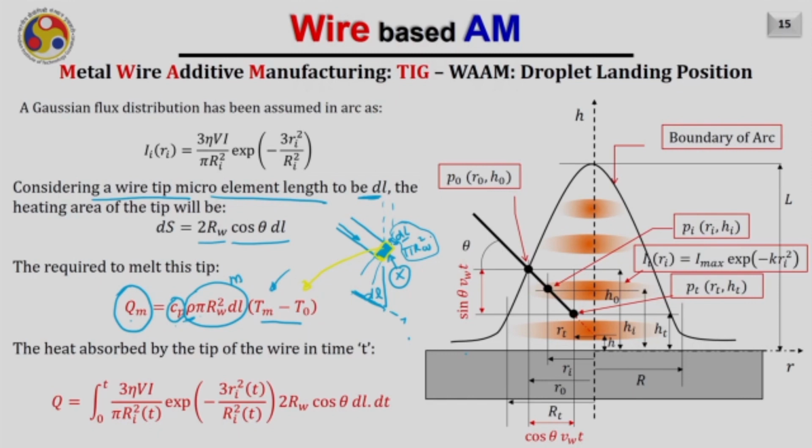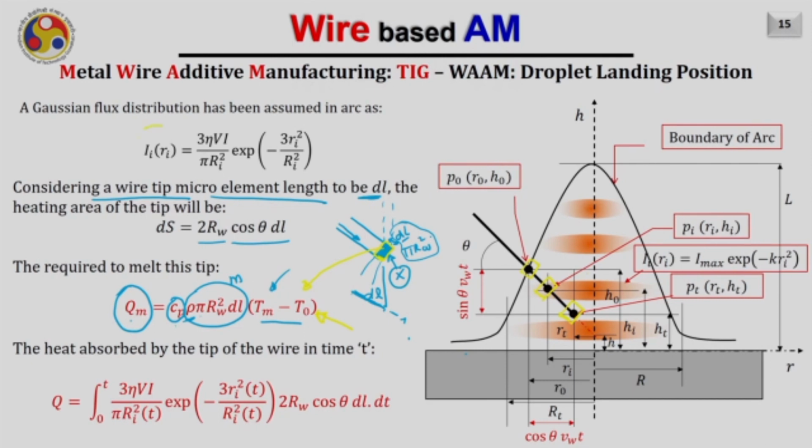Now this is fine, but how much energy is available for this tip when it is traveling inside the arc? For example, you have the tip here and it keeps on traveling inside it. It's a very tiny element we are considering. So after what time will this much energy get absorbed when it travels into it? It can also be easily calculated.